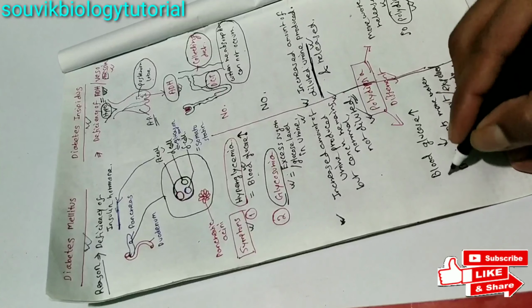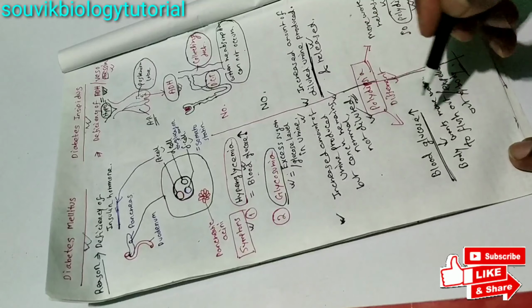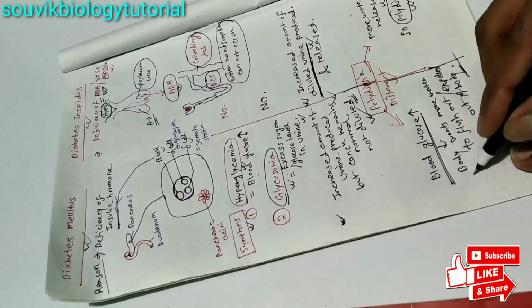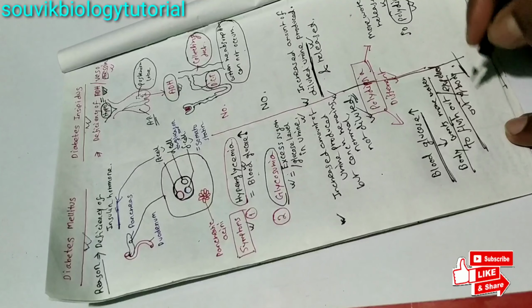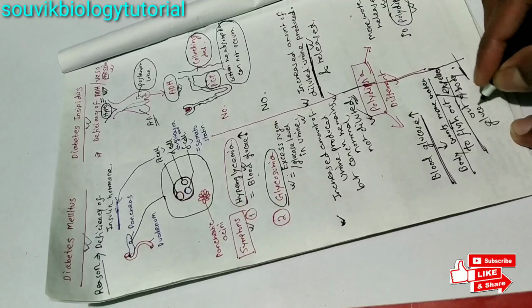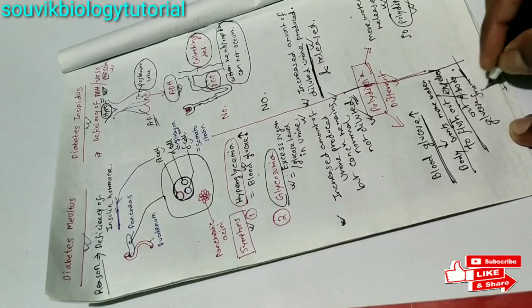Okay? As blood glucose level is increased in the body in case of diabetes mellitus, the body wants more water to flush out glucose from the body.